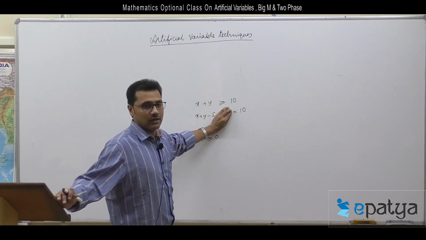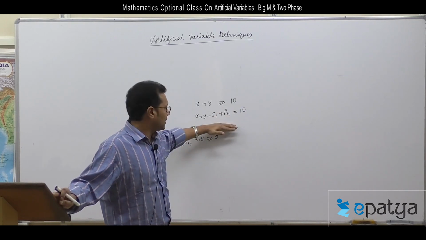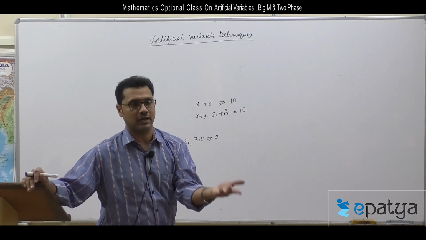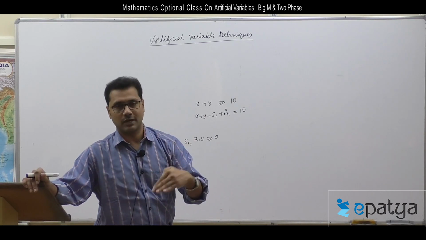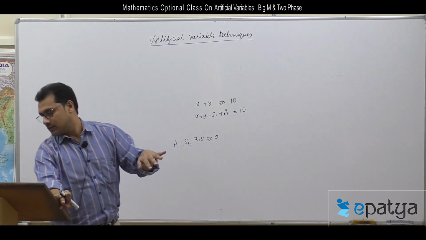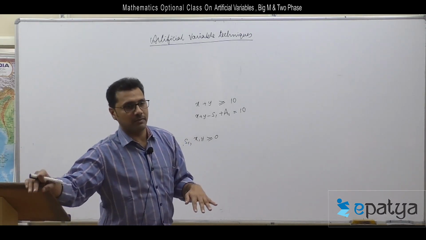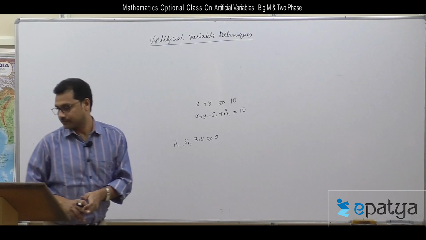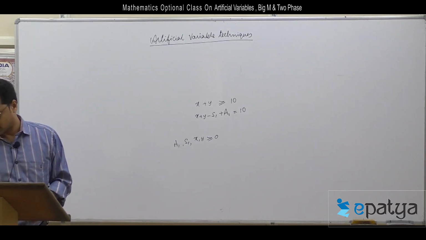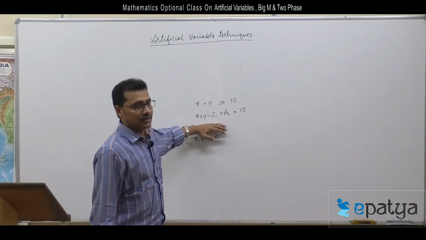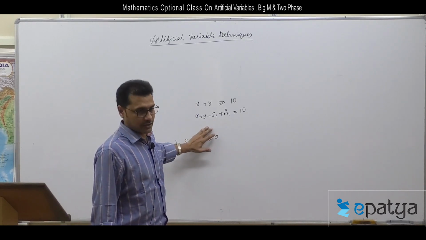We introduce the artificial variable definitely not to bring it into standard form, but after getting into standard form, to start the initial basic feasible solution, we require a consistent initial basic feasible solution, therefore we consider these artificial variables.